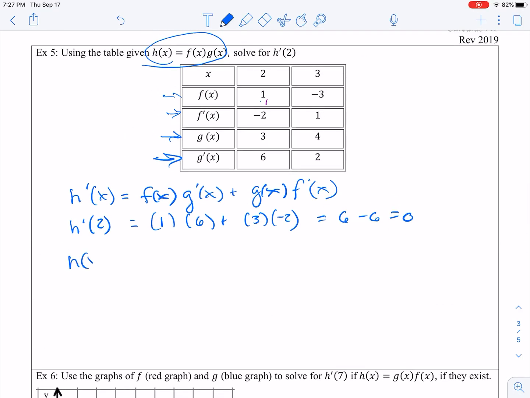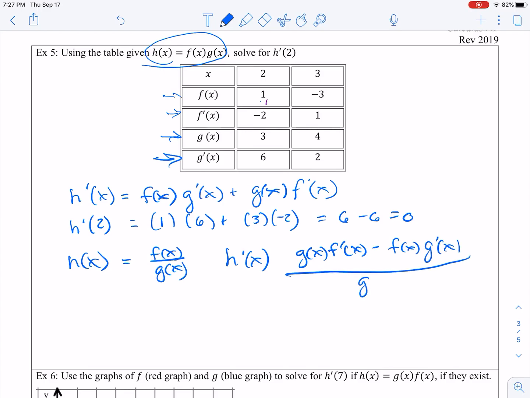Let's say h of x is defined as f of x divided by g of x. H prime is low d high minus high d low over low squared. And now plug in the values.